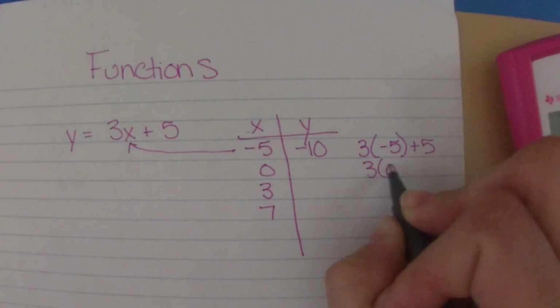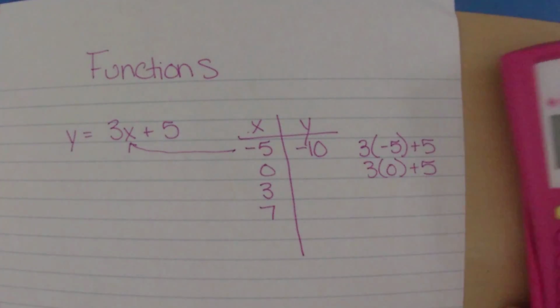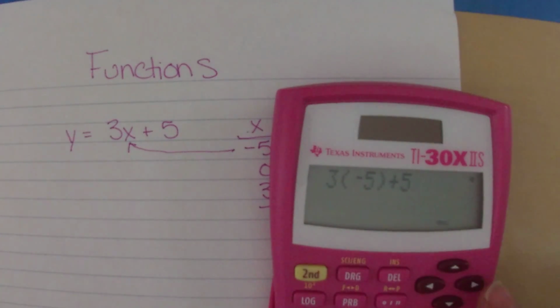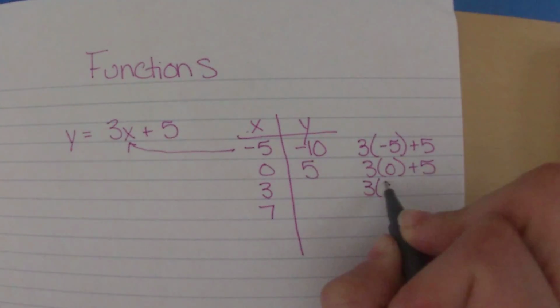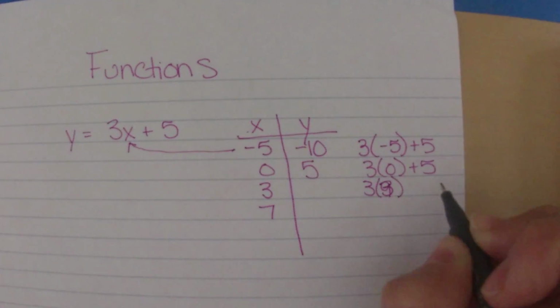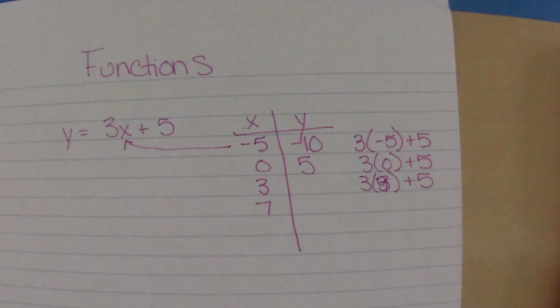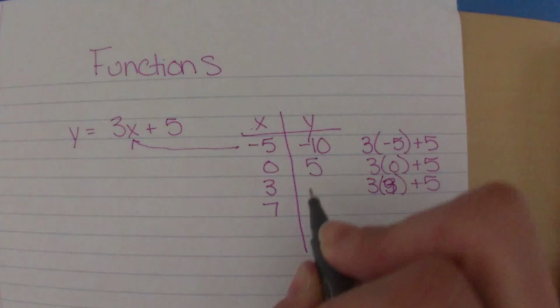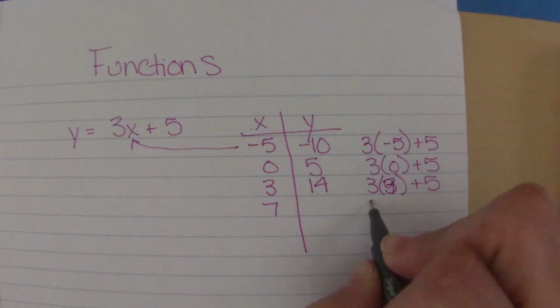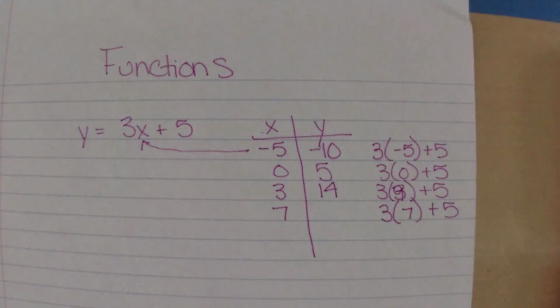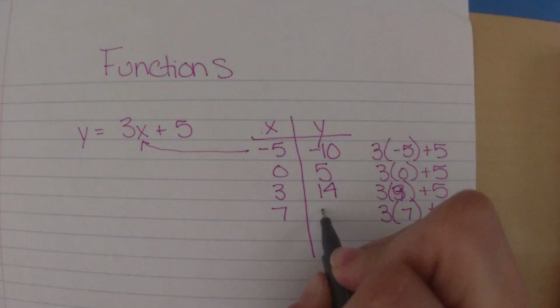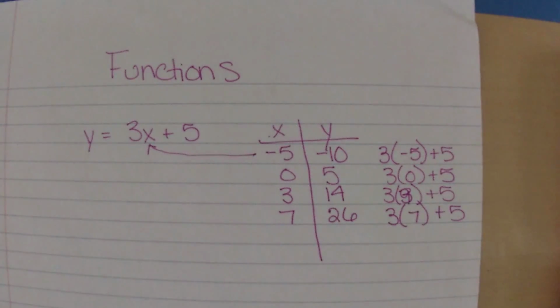So now we'll say 3 times 0 plus 5. And if you're using a calculator like mine, you can just move your cursor up and then change that into a 0. And then we will do 3 times 3, which is 9, plus 5, which will give us a 14. And again, you could do that in your calculator. And then we'll do a 3 times a 7 plus 5, which would give us a 26.